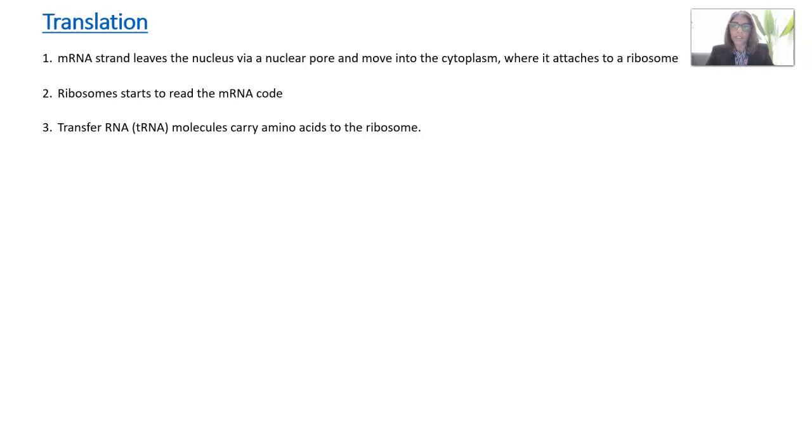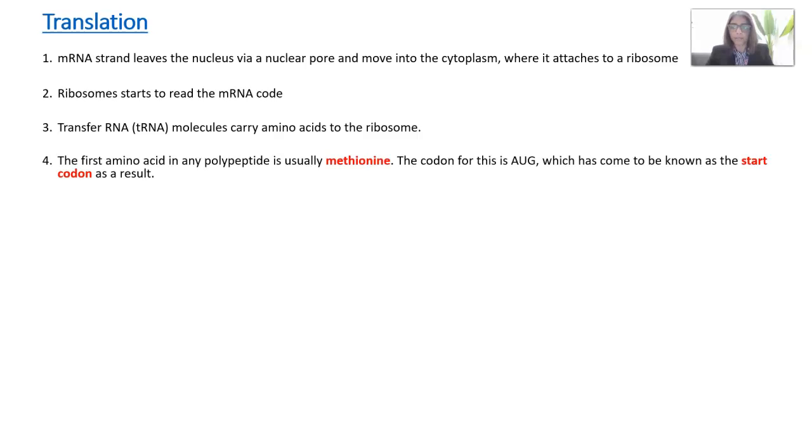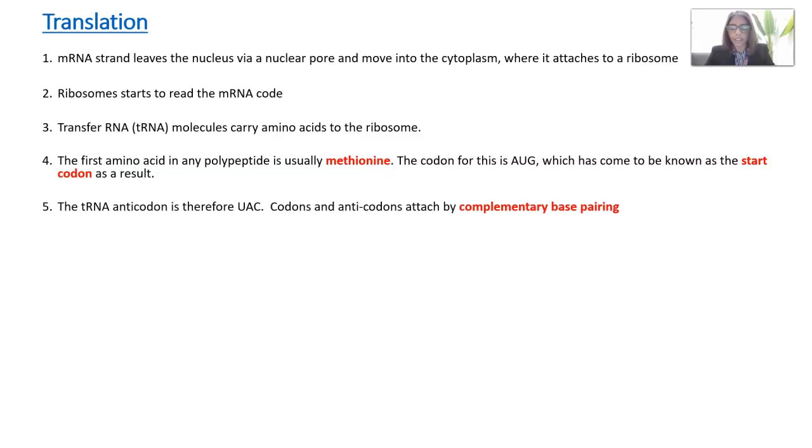Transfer RNA, or tRNA, carries amino acids to the ribosome, and usually the first amino acid in any polypeptide chain is methionine, and this is known as the start codon. tRNA anticodons will complementary base pair with the mRNA coding sequence, hence the codon for methionine is AUG, whereas in tRNA the anticodon is UAC.